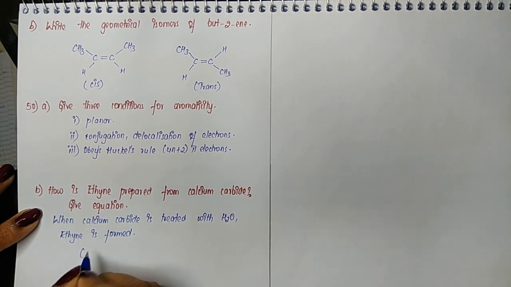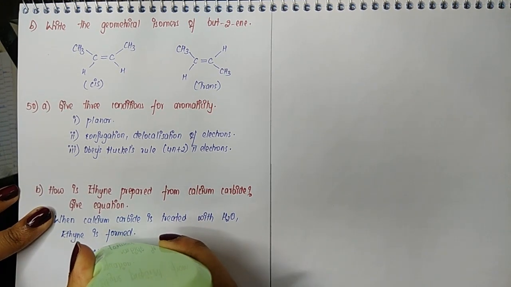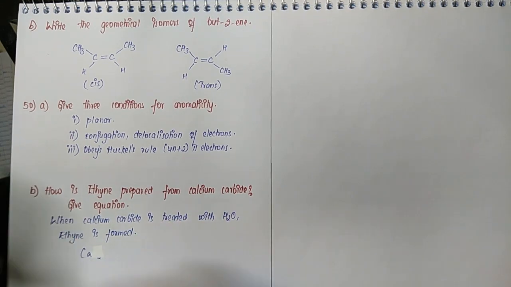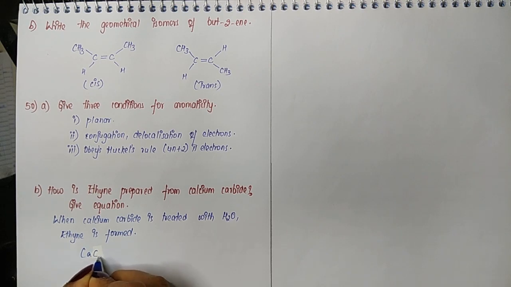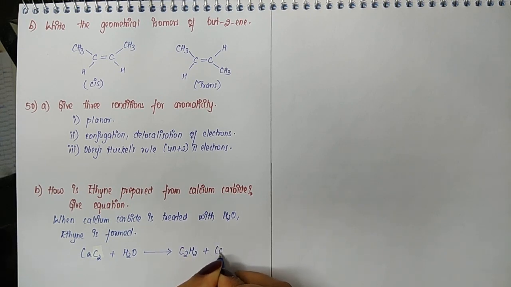So here we can write CaC2 plus water forms C2H2 plus Ca(OH)2.